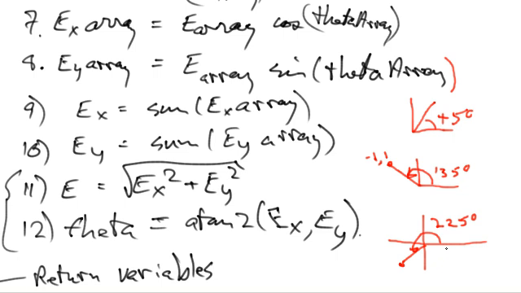Or equivalently, the same angle, or same position, can be written as minus, it's 90 plus 45, so minus 135 degrees. So either of those angles, the 180 plus 45 is 225, or minus 135 degrees.